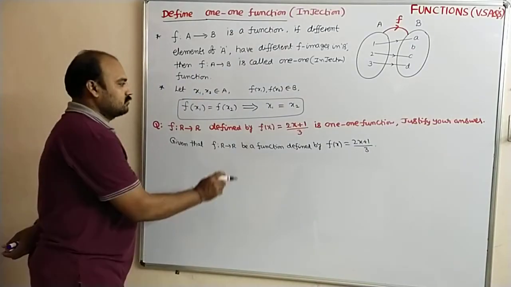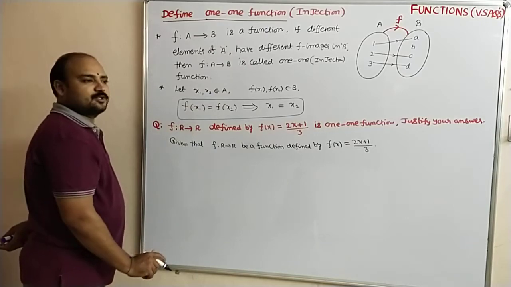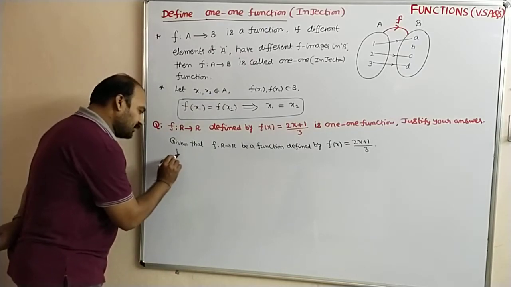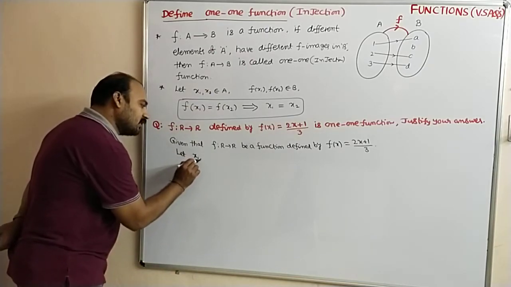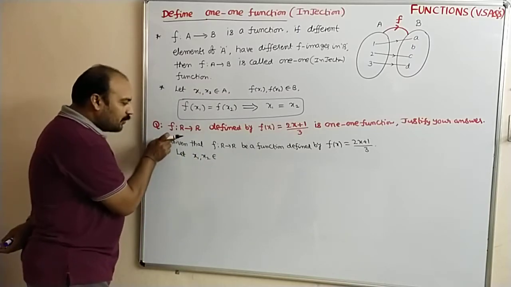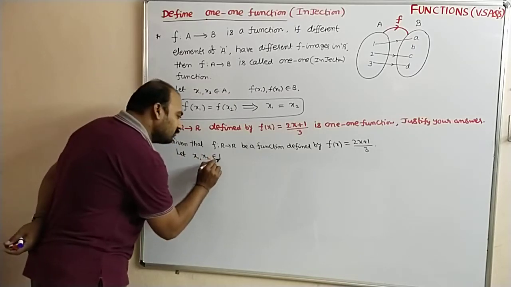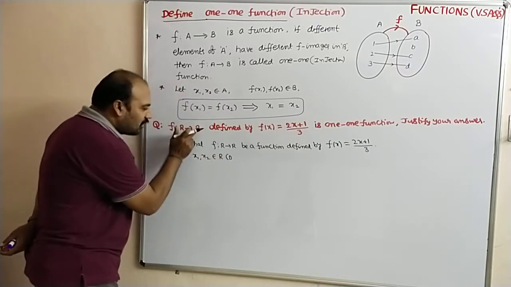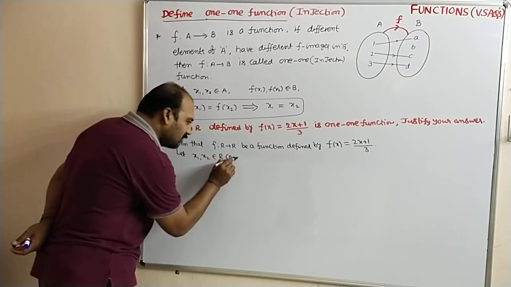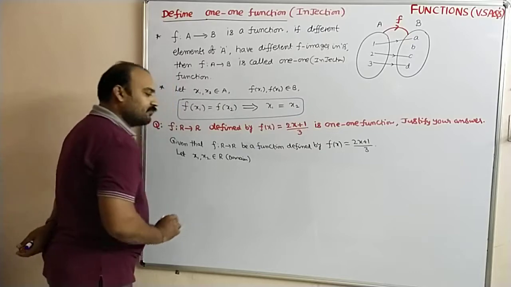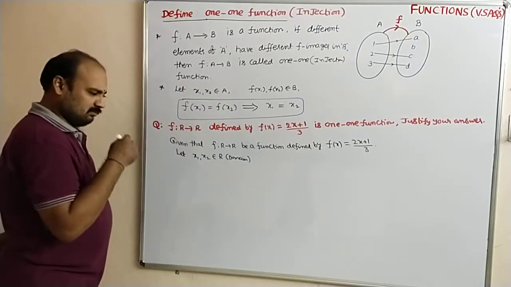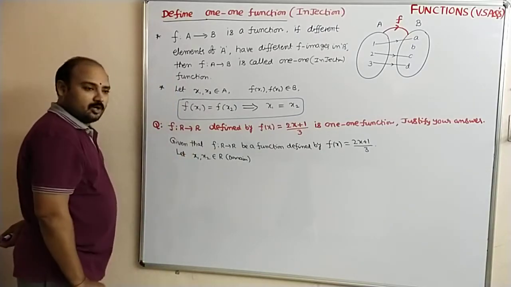After that, you take two points x1, x2. Let x1, x2 belong to the domain, which is R here. Both are R only, no? That's why I am mentioning the domain: x1, x2 belong to R.